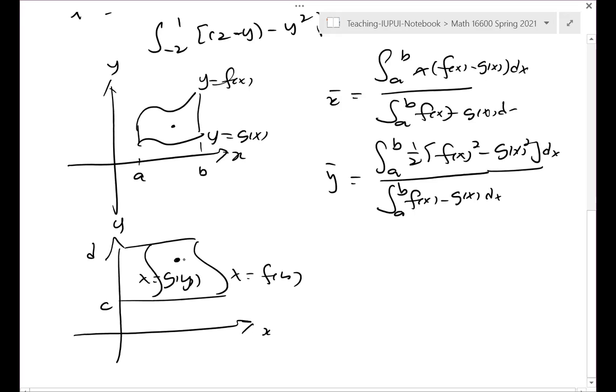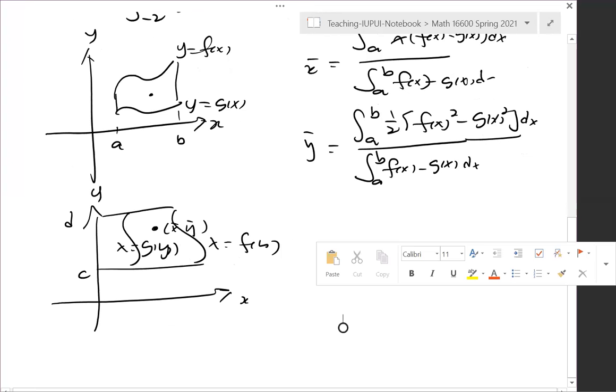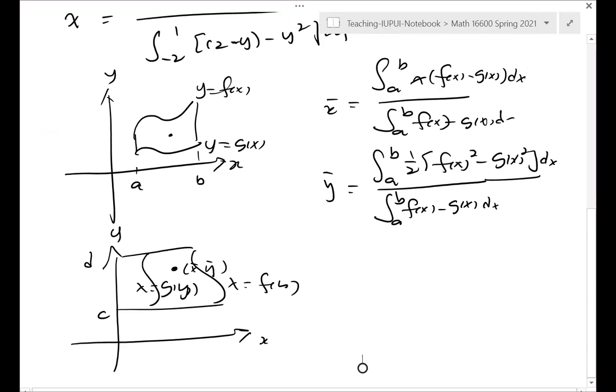In this case, the y bar should be using the top function, right? And for the x, just use the above formula, replacing x by y everywhere. So y bar is going to be the integral from c to d of y times f of y minus g of y.